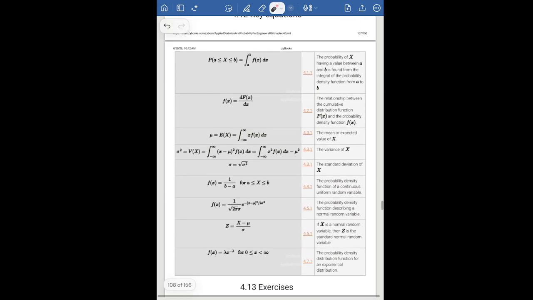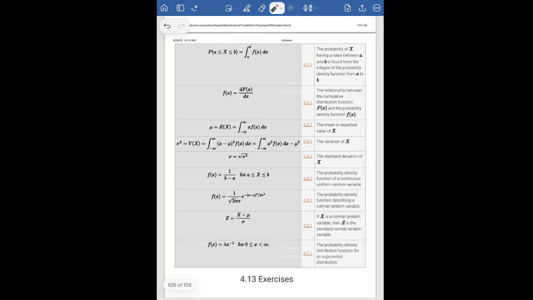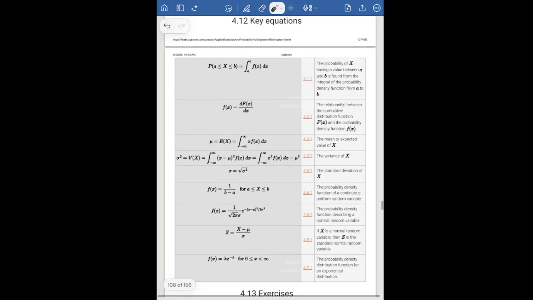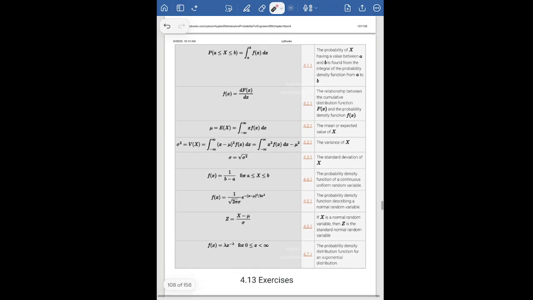Okay. Now, summing this up, you have your probability distribution function, which represents the probability of x taking on a value between those two values.